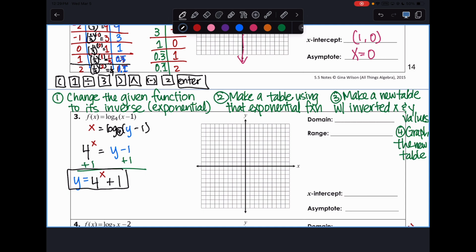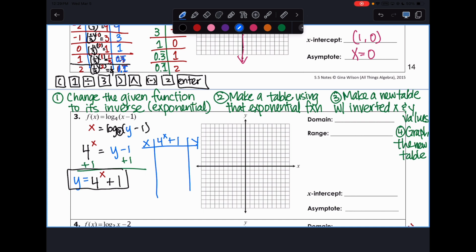Okay? This is the part where you have to plug in your x values and get the y out so you can swap the x and y for the new log table. Okay? So, let's see. Should I use blue? Blue sounds good. I'm going to make a wide one where x and y are on the ends. And then the work for 4 to the x power plus 1 is going to go in the middle.